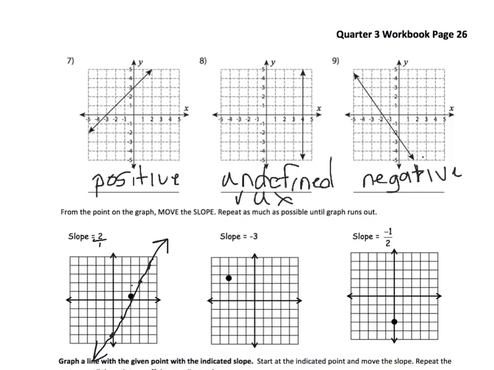Example number 2 has a negative slope. Slope equals -3. In this case, you're going to go down 3 and right 1. So down 1, 2, 3, right 1. Down 1, 2, 3, right 1.